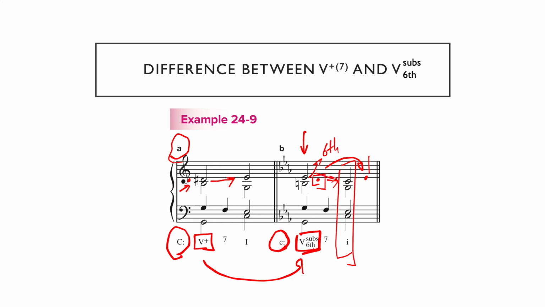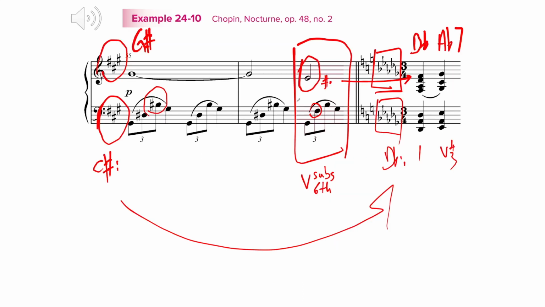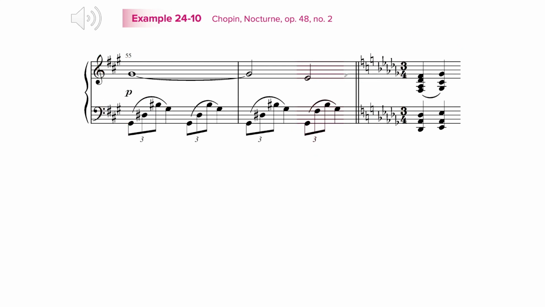It is always downwards. But the resolution of the dominant with a raised fifth is upwards. And we have exactly this situation here. E goes upwards. Actually, this is not E, this is D double sharp, which makes the chord dominant with a raised fifth instead of dominant with a substituted sixth. This is also an example of enharmonic spelling for a practical reason.